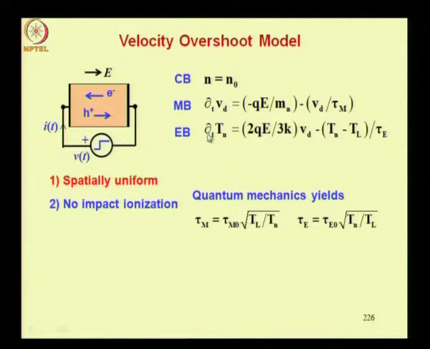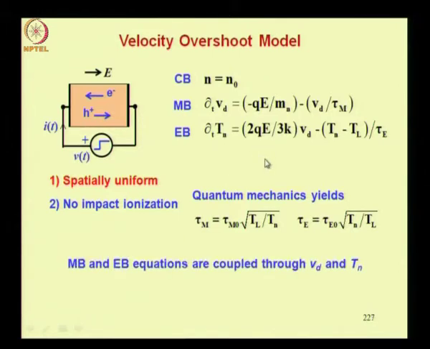So now you find that the momentum balance and energy balance equations are coupled through drift velocity and the electron temperature. You find the drift velocity entering here, and you have the electron temperature entering in the momentum balance equation. Why? Because the tau m depends on electron temperature as shown by this formula.